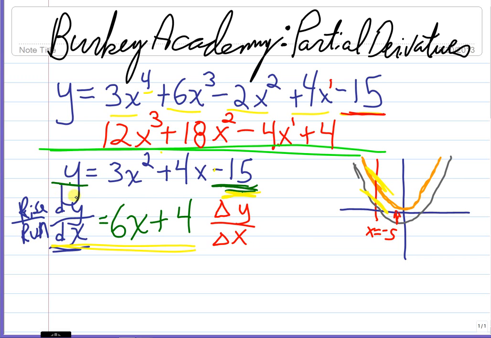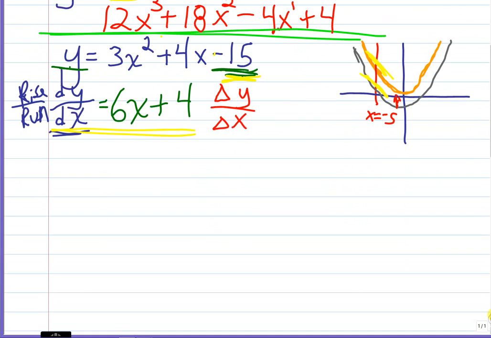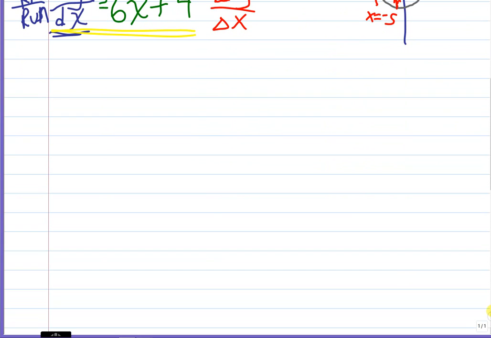But with a derivative, we're talking about infinitely small changes in y and x. Usually when we use delta y, delta x, we're talking about a certain change, like a change of y of 3 and a change of x of 1, for example. But let's start contrasting what we do when we take a partial derivative.